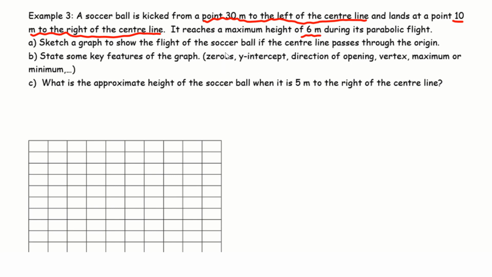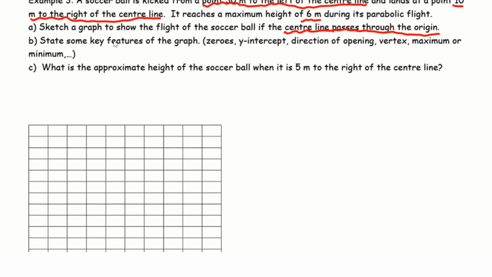It asks you to sketch a graph to show the flight of the soccer ball if the center line passes through the origin. So we need to draw the center line in the middle. After that, state some key features of the graph and find the approximate height when it is 5 meters to the right of the center line.